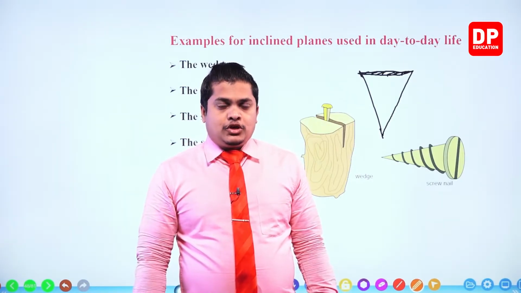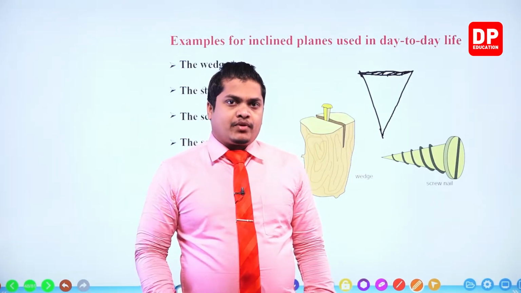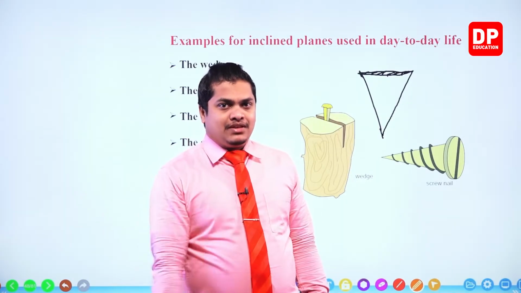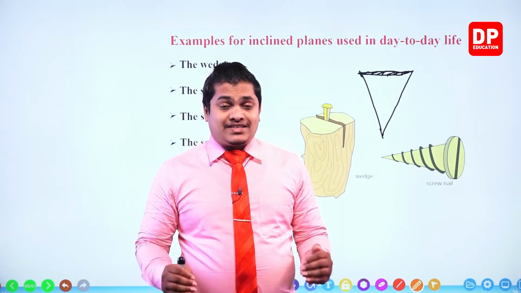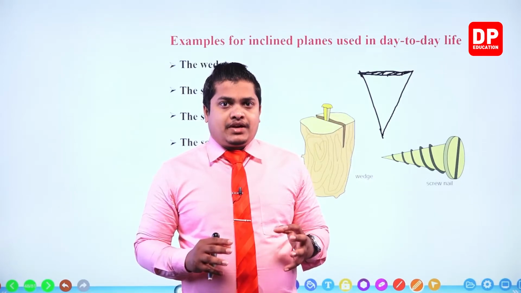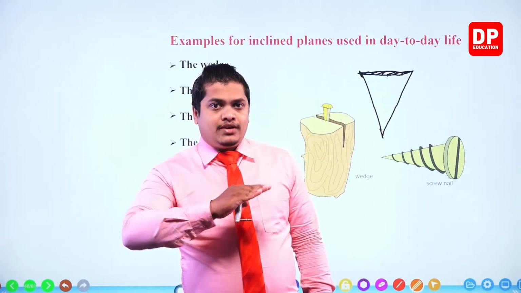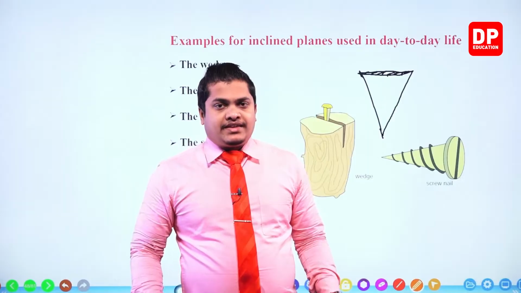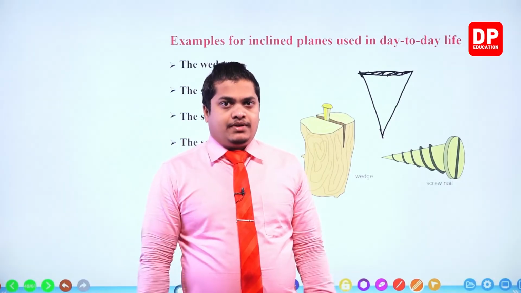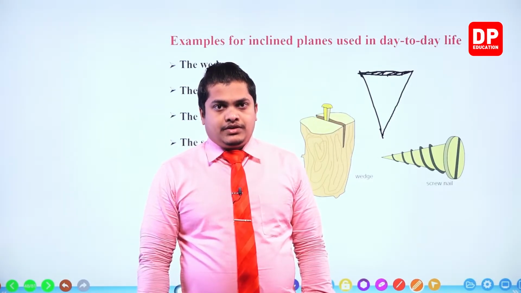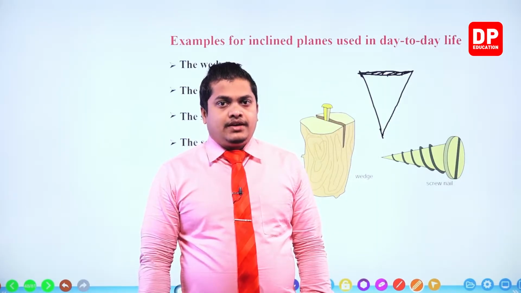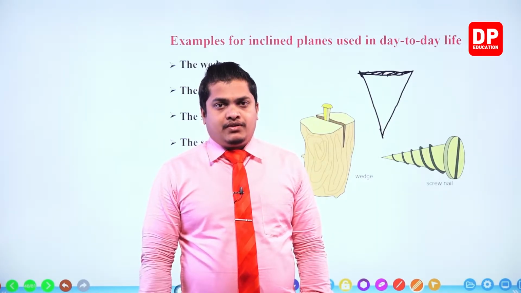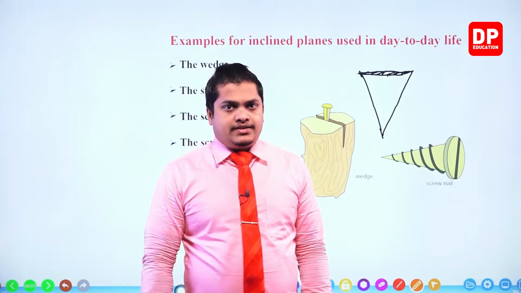It's difficult. So in order to overcome that, a staircase has been built with an inclination to the ground, so quite easily we can climb up without any trouble. This is the second example, the staircase.